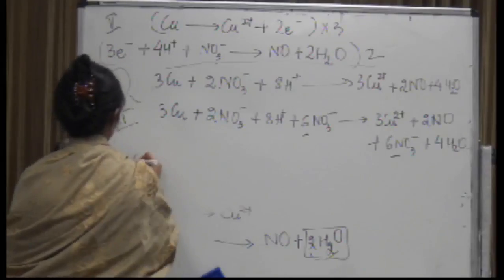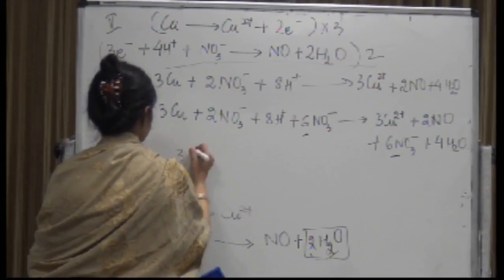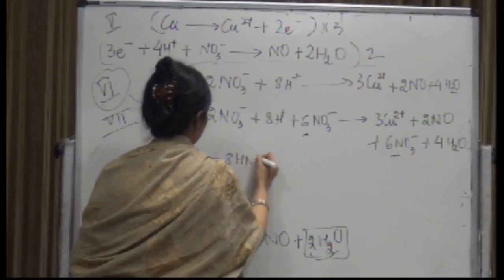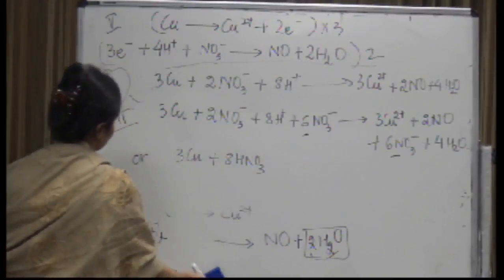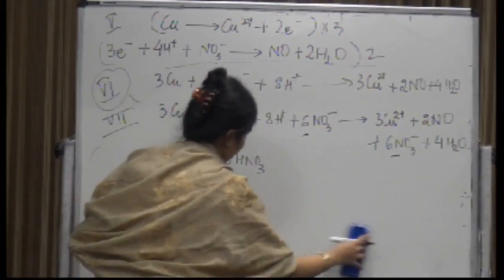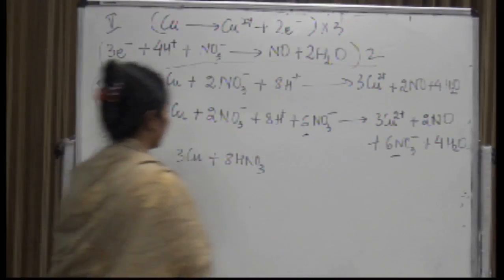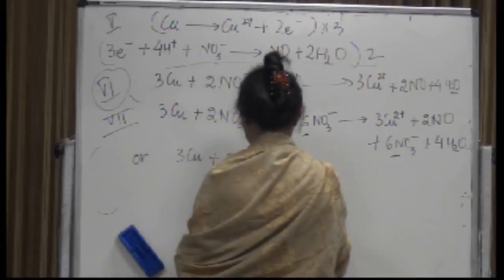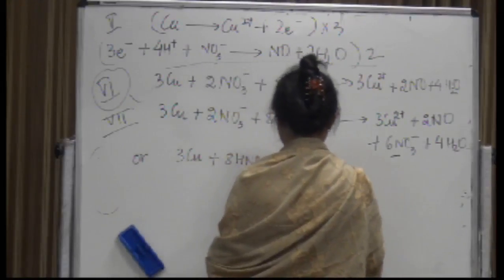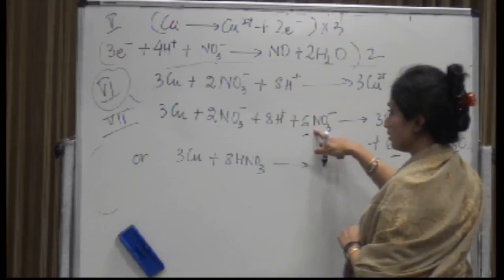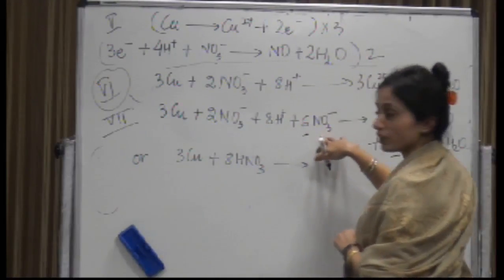How do you write the molecular form now? 3 Cu plus 8 HNO3 is giving... 8 HNO3 कैसे? You have 8H, so now you got it?